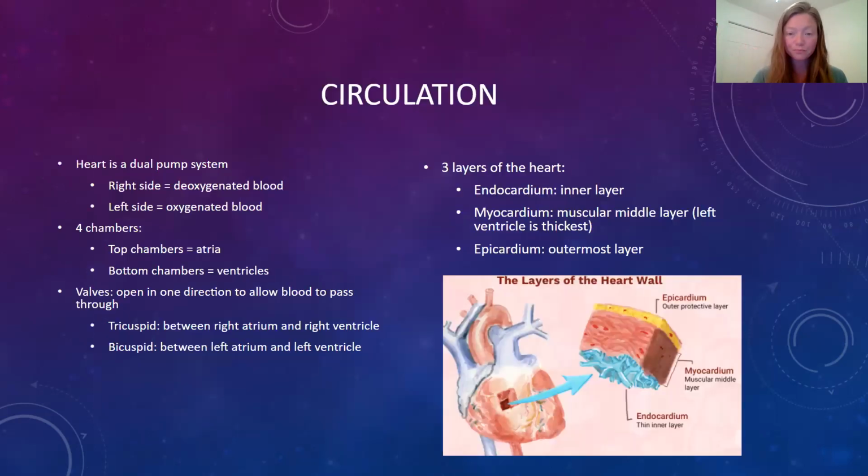The epicardium, the outermost layer of the heart, consists of 2 membranes. The inner, which is a visceral membrane attached to the heart directly, and the outer membrane, which is more fibrous. In between those 2 membranes is what's called the pericardial fluid.